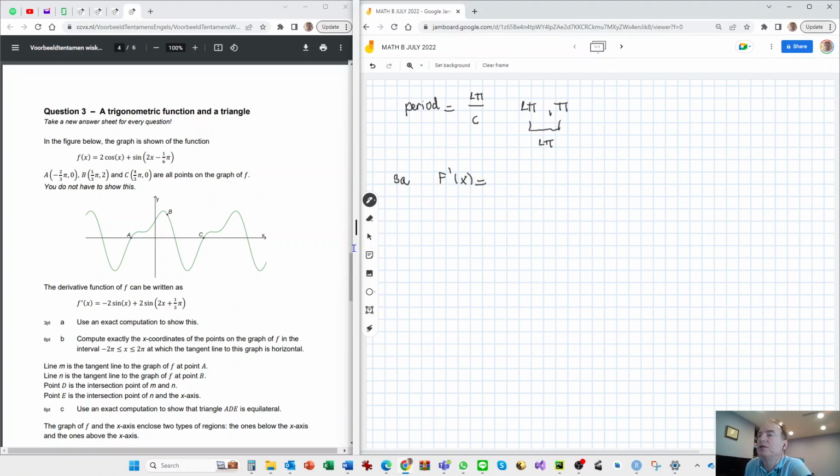The derivative of a cosine is a minus sine. We get minus sine of x, then plus, using the chain rule here, we'll get the cosine of the inner function, which is 2x minus 1/6 pi, then times the derivative of the inner function, which is 2.